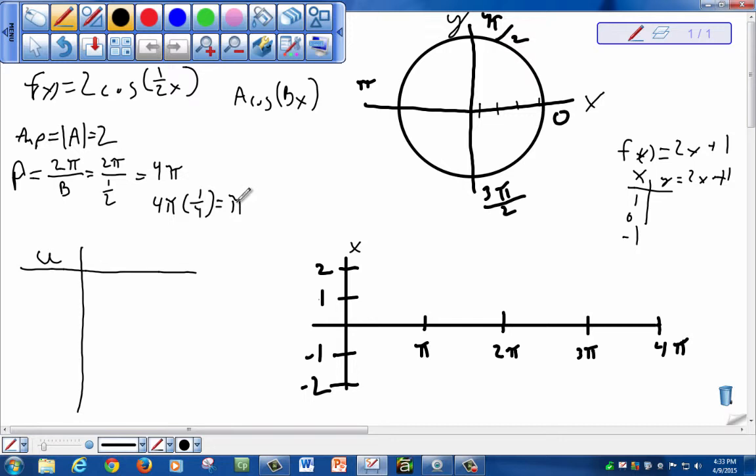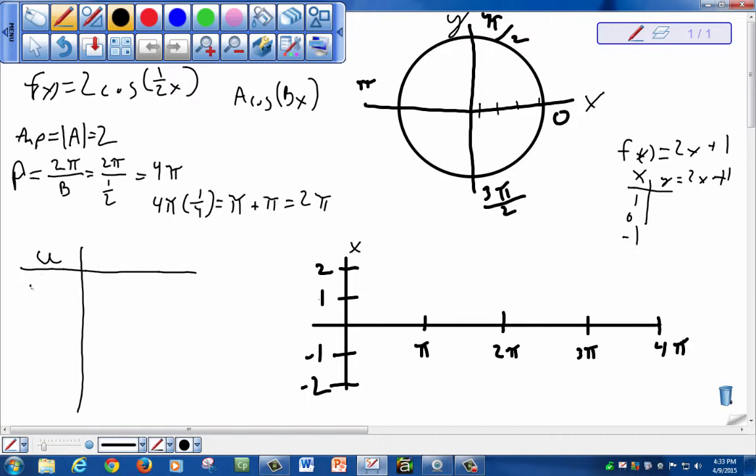And you want to do that 4 different times. You want to add pi plus pi to get the other key point, which will give you 2 pi. And if you notice back here on my graph, I've already plotted this to save some time, which is pi, 2 pi, 3 pi, and 4 pi.